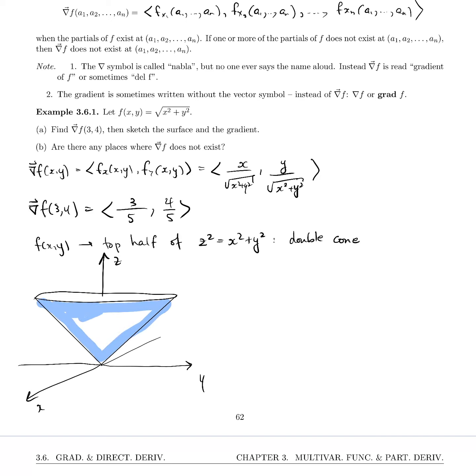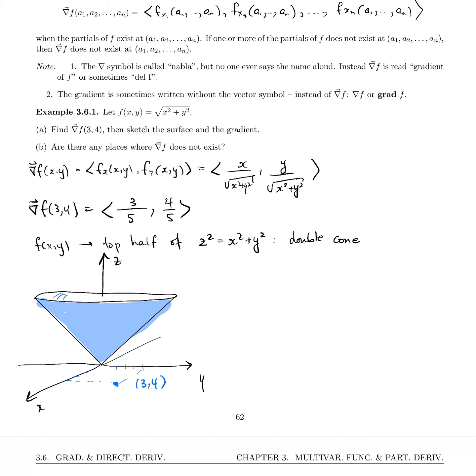So there's the top half of our cone. Now, our input point is 3, 4, which, as we've done a bunch of times, we will put as if it were the point 3, 4, 0. So there's our input point 3, 4.